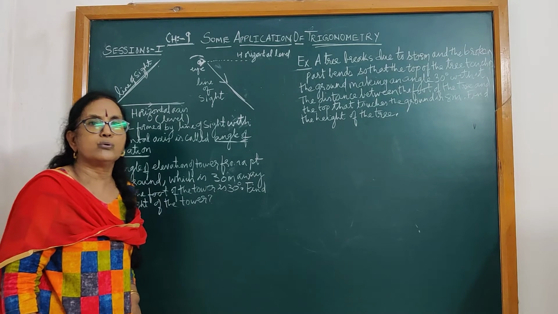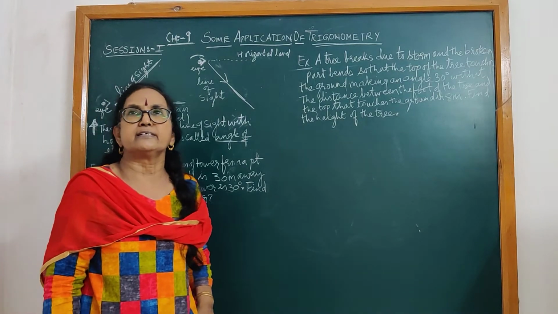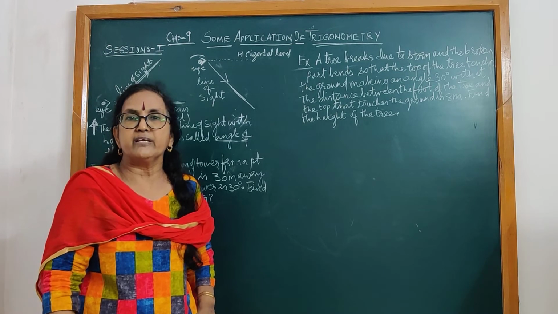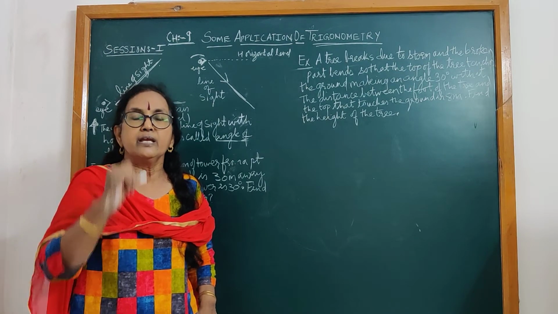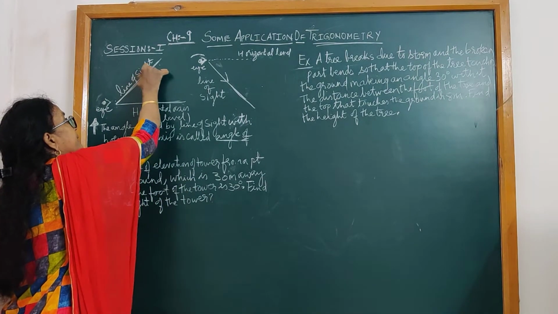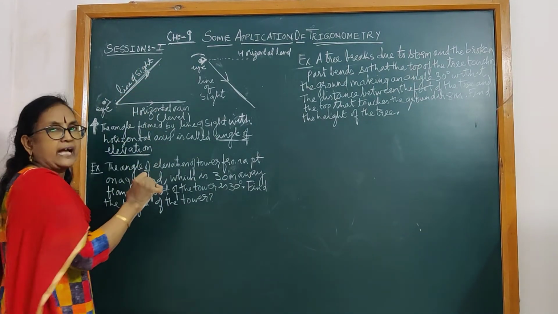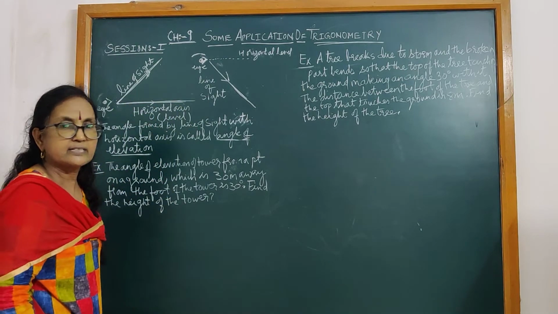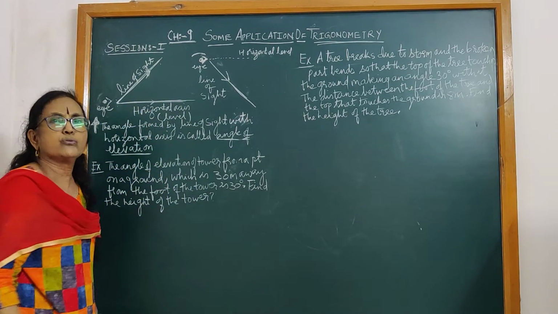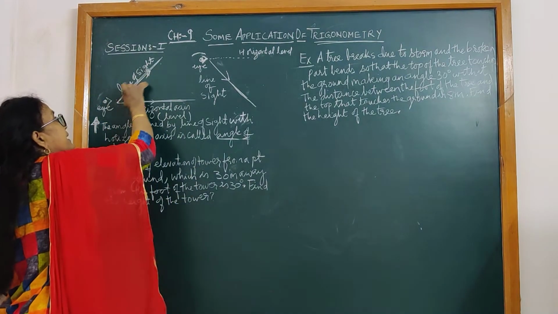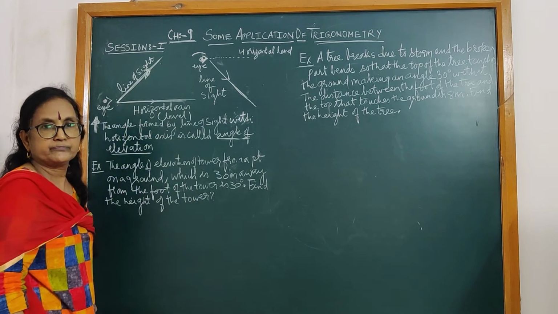Now when you want to look at an object on top, if I take a tree, the direction of my eyes will change and this will become my line of sight. When my eyes stay straight, this is the horizontal axis, and when I want to look at the top of the object, this becomes my line of sight.